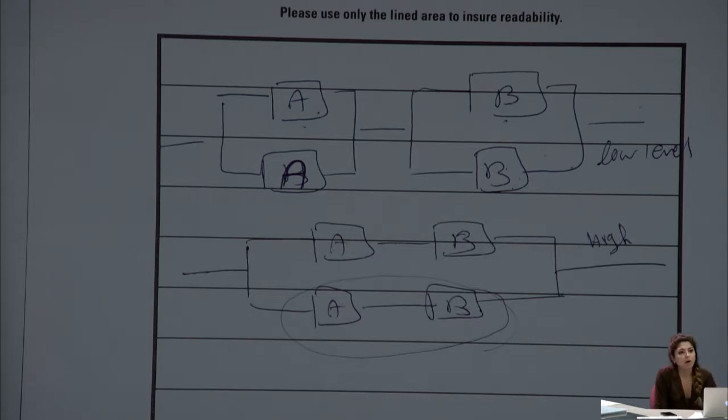So think about cars. What function in a car do you think has redundancy? The brakes. The brakes, right? Brakes have redundancy. And can you give a function in a car that probably doesn't have redundancy? Engine.